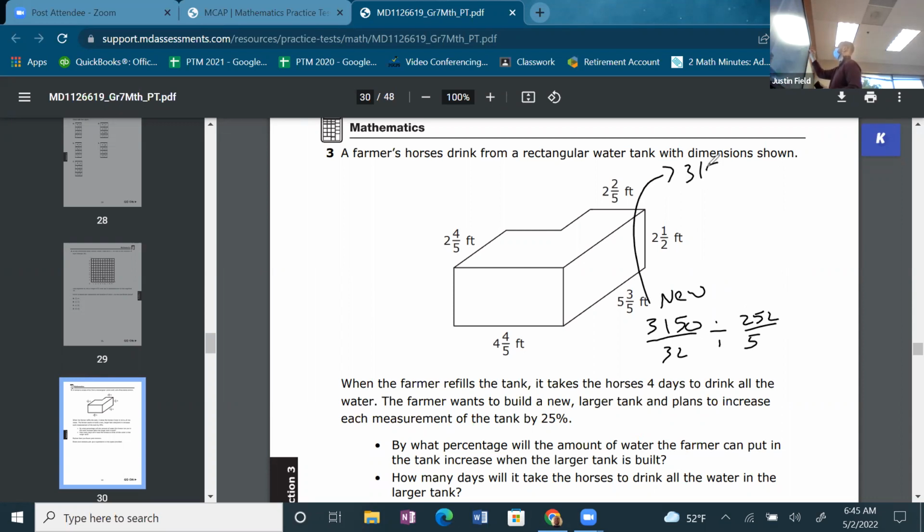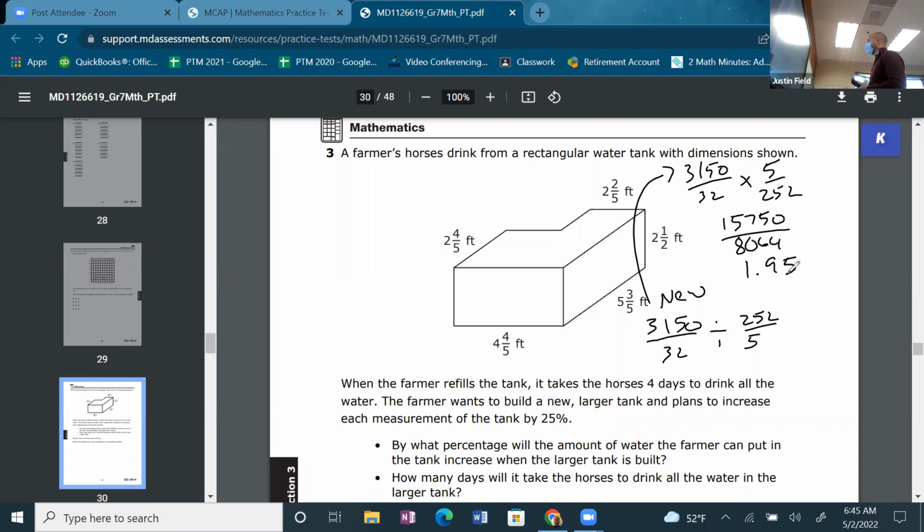So 3150 times 5 over 252 times 5, 15,750 over 32 times 252, 8064. And now I'm just going to divide those numbers. And I get 1.95.